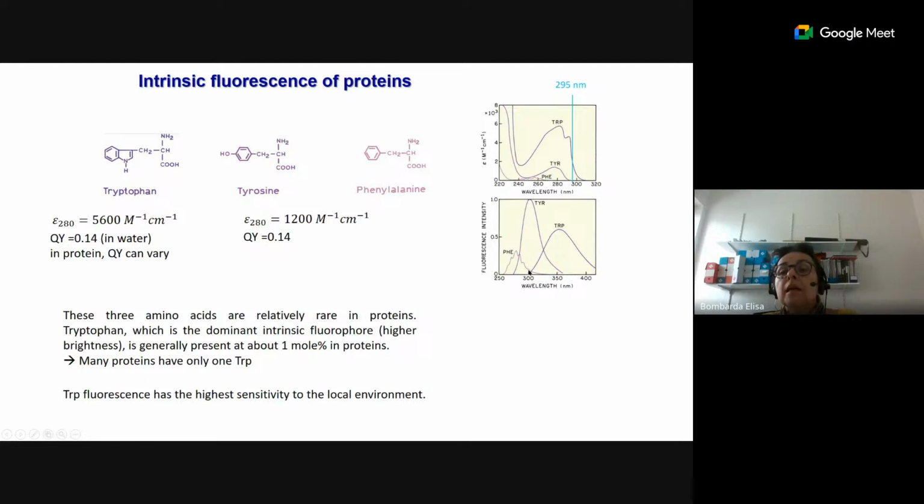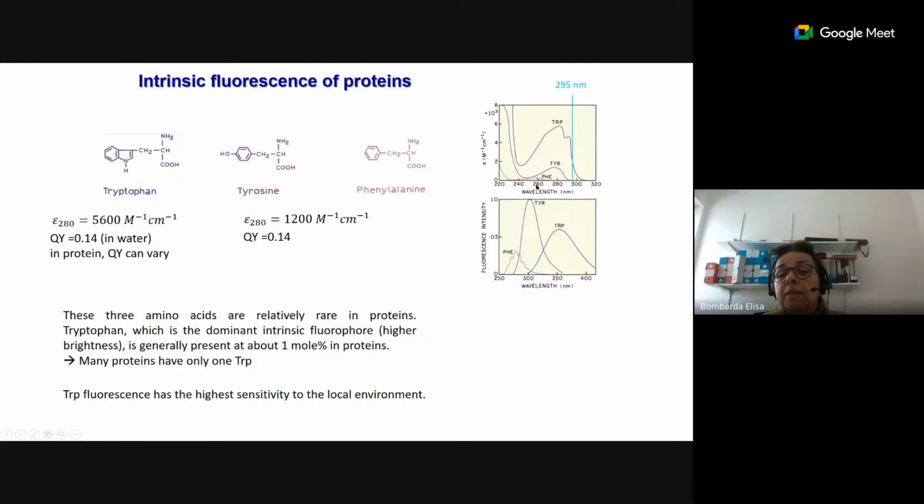So you see, let's say that tyrosine emits between 260 and 350. In particular, there is a band between 260 and 300, and this overlaps with this part.